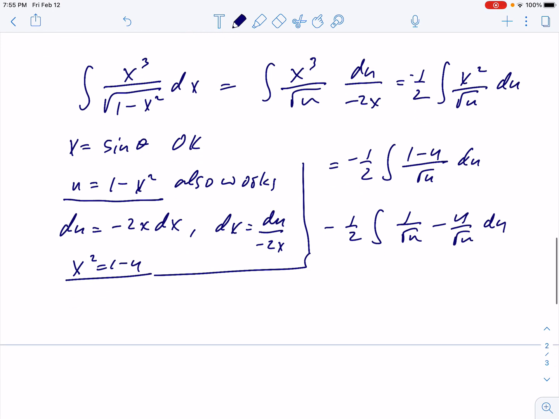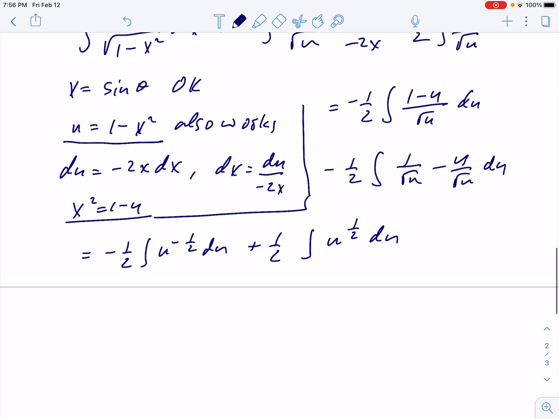And then this will be negative 1/2. 1 over root of u we did several times. So let's write again here negative 1/2 du and plus 1/2, two negatives. With the second term we have just u to the 1/2 du, reducing by 1/2. And continuing, here u to the 1/2, adding 1, divide by 1/2, multiply by 2.